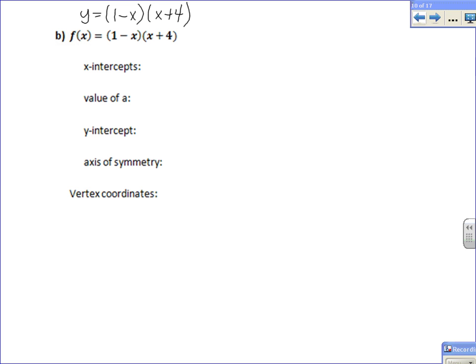The thing that I notice about this is that it's written a little bit differently. It's out of order. Factored form looks like this. Factored form is y is equal to a times x minus r times x minus s.